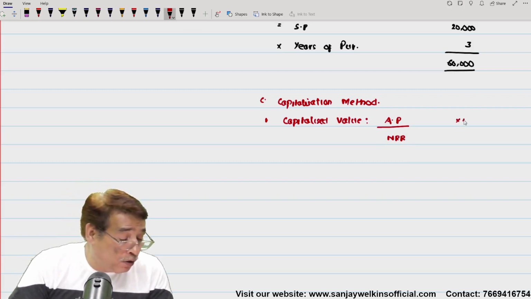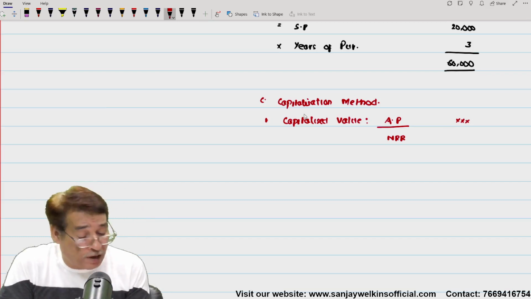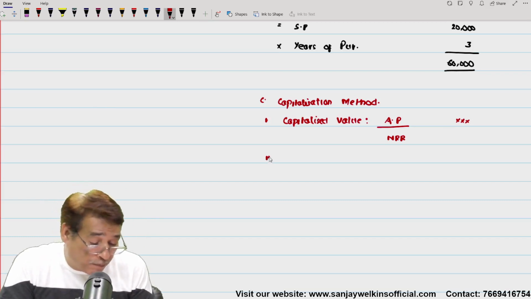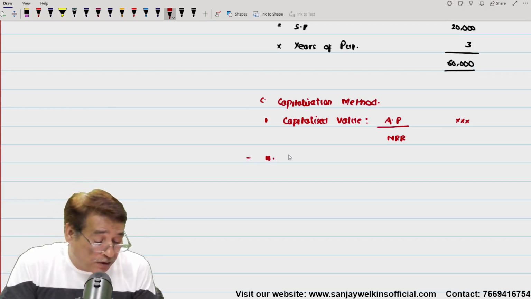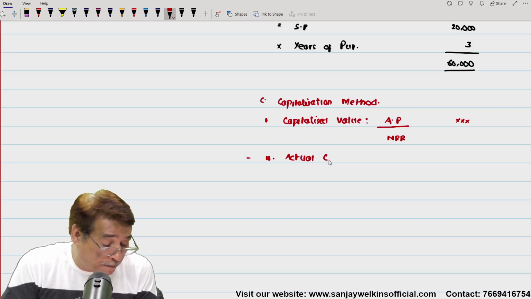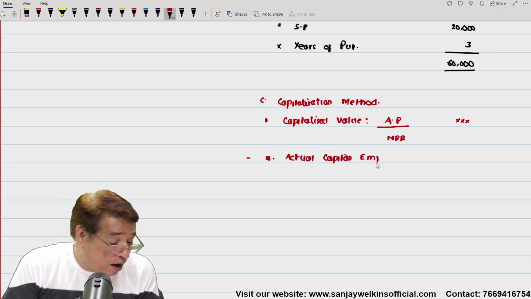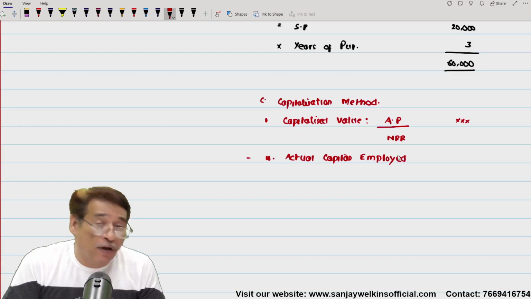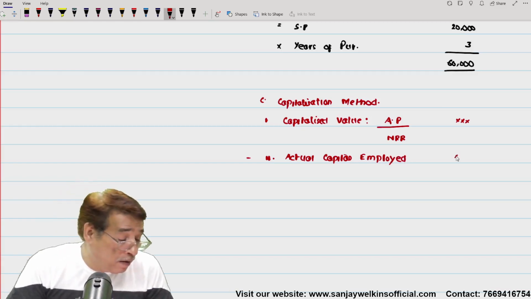This is how you are going to compute the capitalized value. Once you have computed the capitalized value, then you subtract from it the actual capital employed. Correct? Then the difference of these two will give you what we call goodwill.